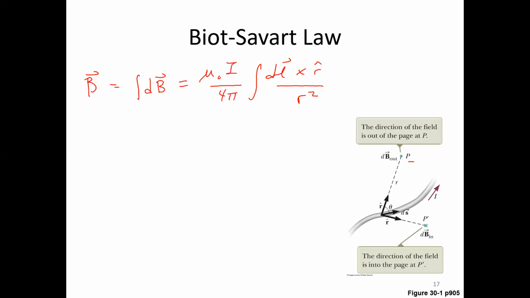We point our fingers in the direction of the first thing. They have it labeled ds. We would point our fingers in that direction. We would rotate our wrist around so that our fingers would naturally bend in the direction of the second thing, that r hat.